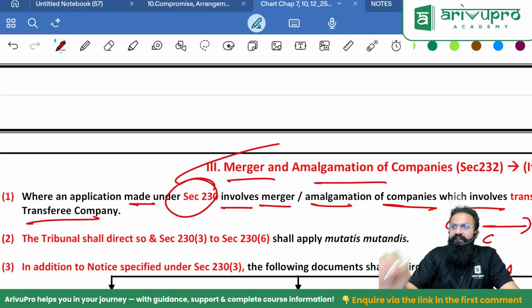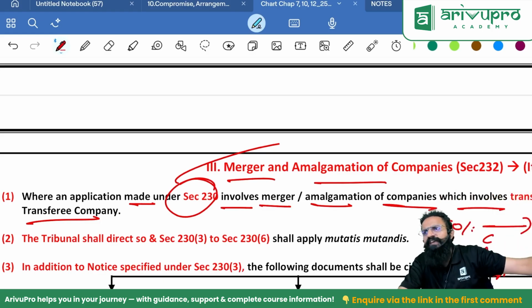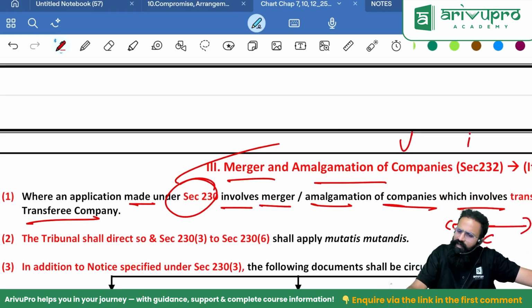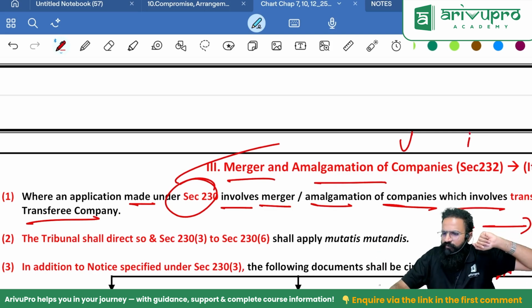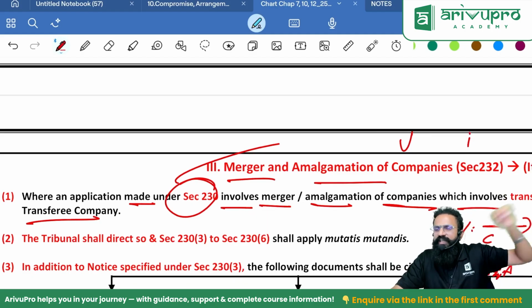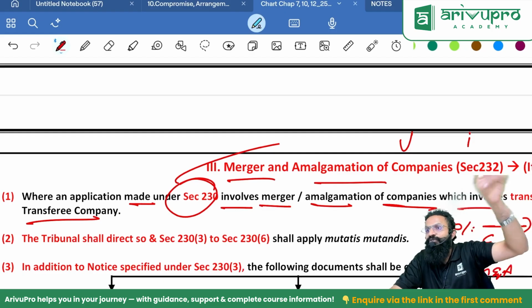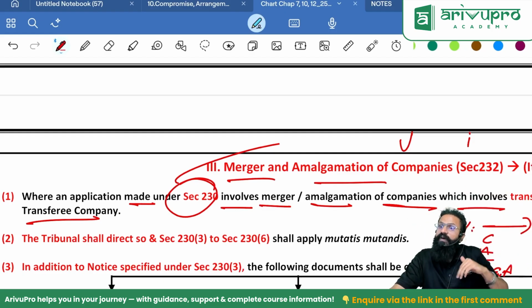So whenever the application is filed under section 230, if it includes merger or amalgamation, meaning Vodafone Idea came here, they filed an application, everything went through, and Vodafone Idea became Vodafone Idea. Understood? In such case, you have to follow section 230 along with 232. Why? Because transfer of undertakings, assets, liabilities will happen.